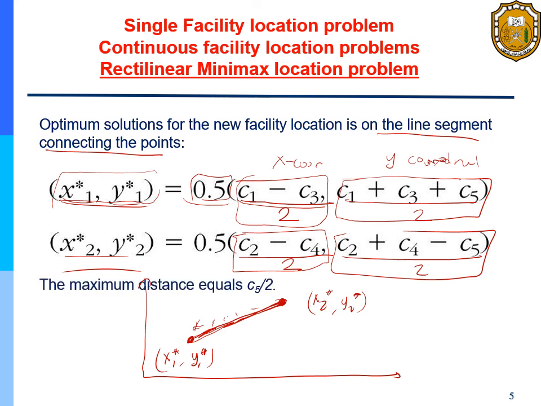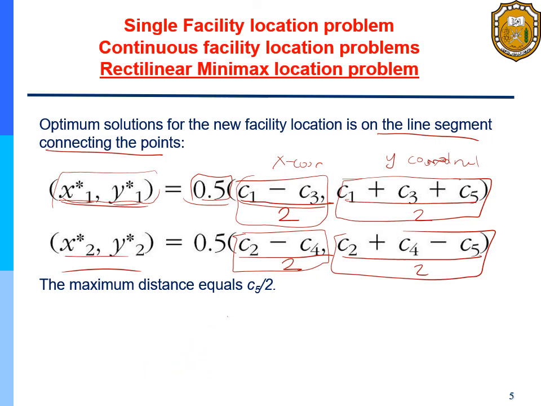And there is one more observation here. These are the optimum locations of your facility. And what is your objective function? Your objective function is simply C5 over 2.